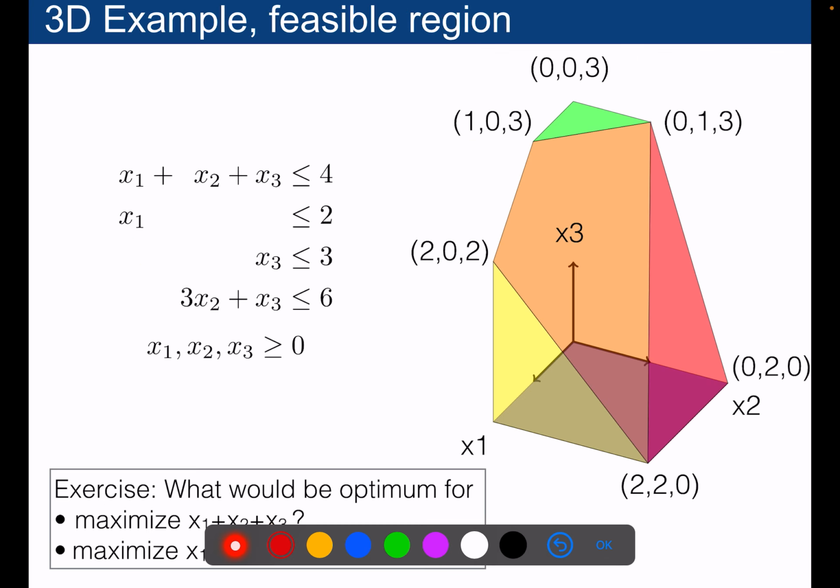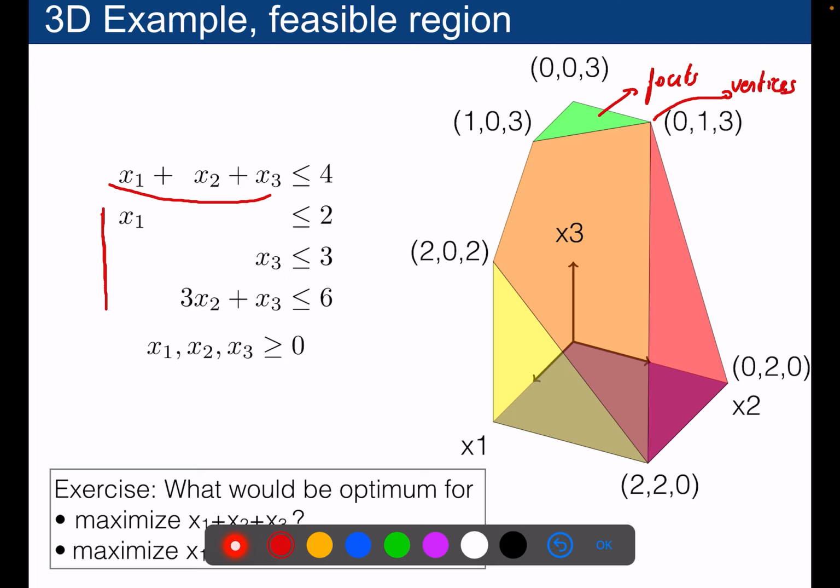The same holds as well in 3 dimensions. If you have 3 variables here, x1, x2, x3, and then you have a set of linear constraints, it's exactly the same, except that what you find here is a polytope, and you see that we have what we call facets, and here you also find what we call vertices.